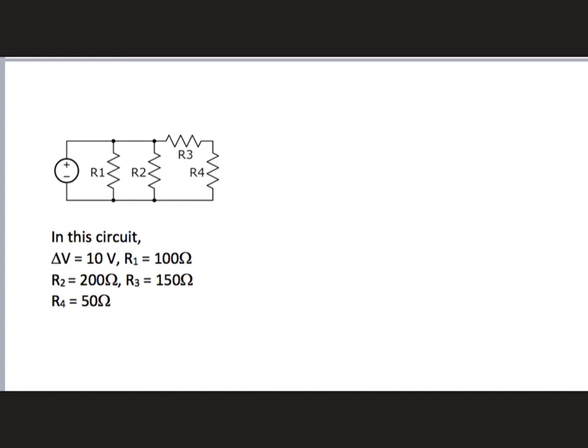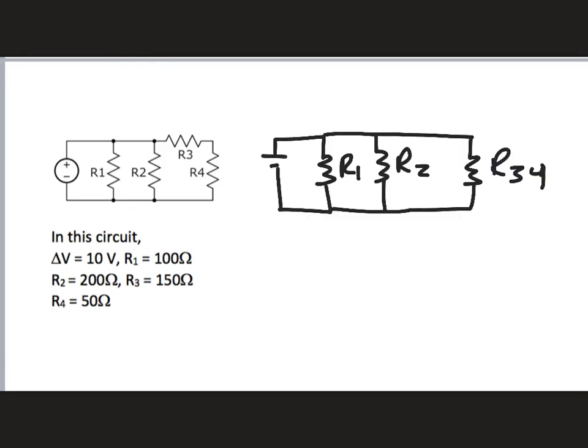And once I see one that I know for sure, I like to just go ahead and combine them and draw a new circuit. So if I combine R3 and R4 together, I would get a circuit that looks something like that. I've combined those guys together, and I end up with this as my new circuit.